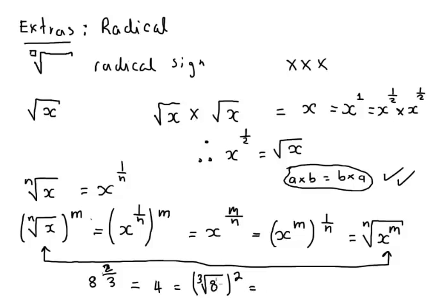Cube root of 8 is the number which you can multiply 3 times as the same factor to get 8. Do you hear how I'm reading this thing to myself? Cube root of 8 is that number which I'll multiply 3 times by itself to give me 8. And such number is 2. That is in brackets. And 2 is the power. Then that's 4.